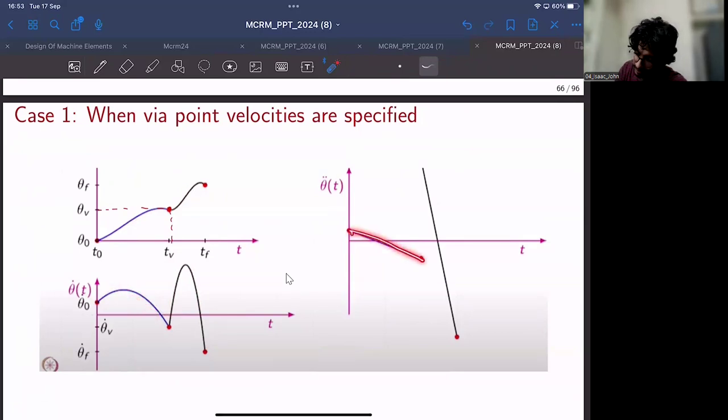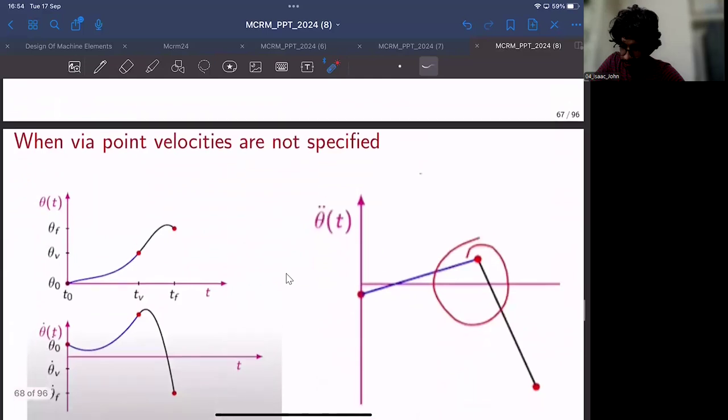So this is a linear curve, and this is also a linear curve. At the instant of this via point, you can clearly see a sudden jump between the first segment and the second segment when the via point velocities are specified.